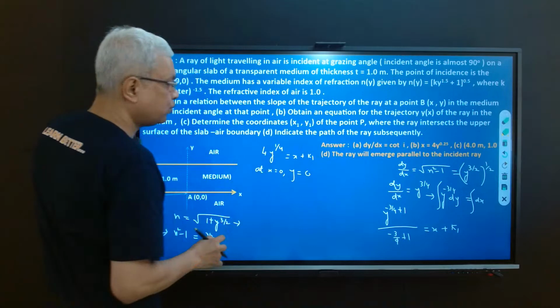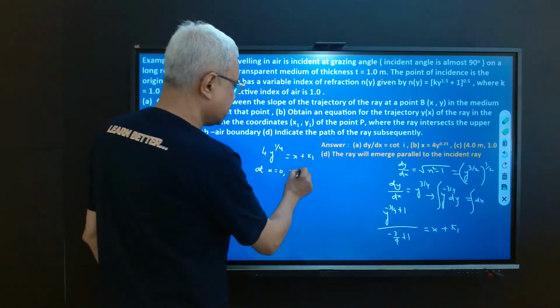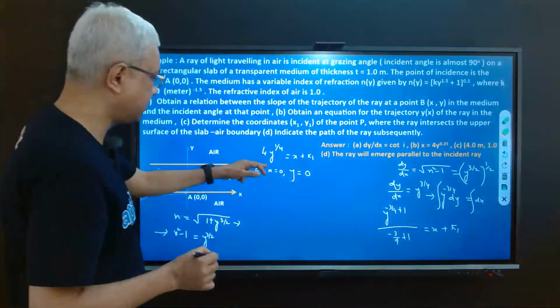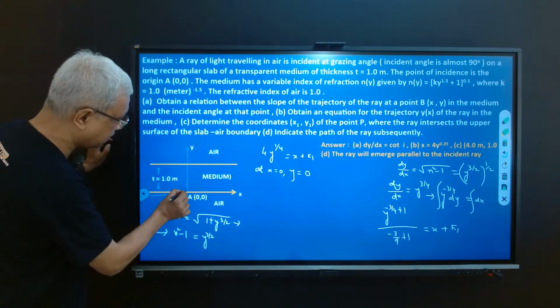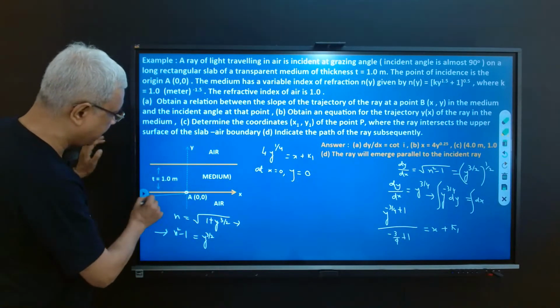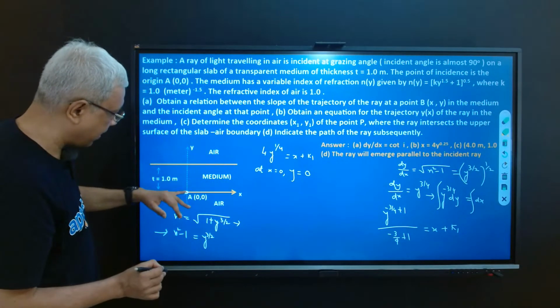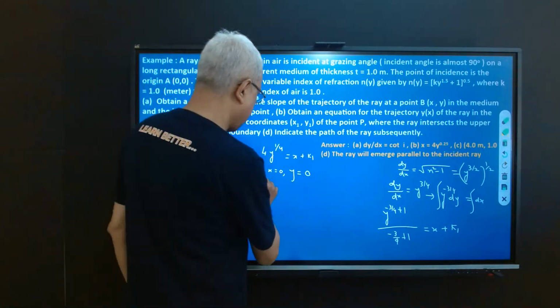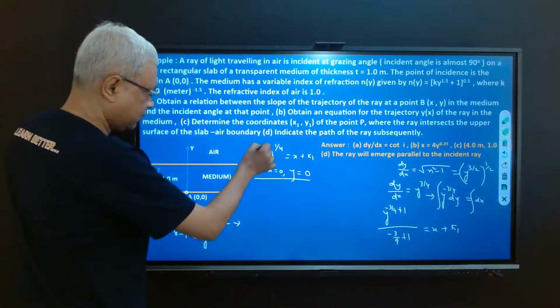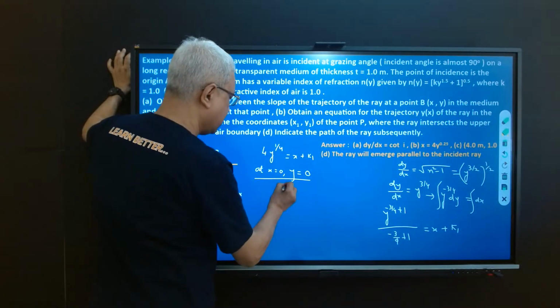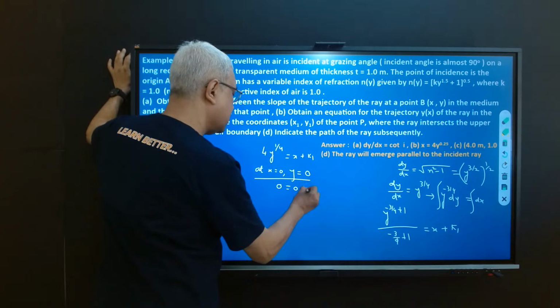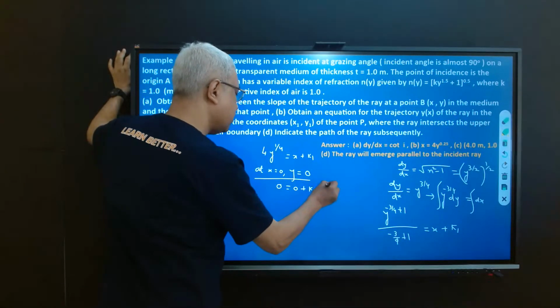We are trying to find the equation of the trajectory. For the trajectory, x equal to 0, y equal to 0, because the ray of light is striking the bottom layer of the slab at the point 0, 0. So at x equal to 0, y equal to 0, if you plug in, then I get 0 equal to 0 plus k1. So this implies k1 is 0.